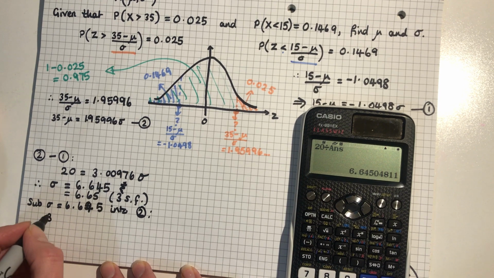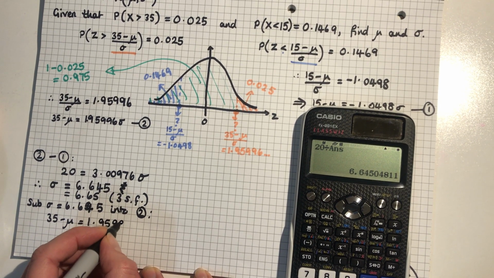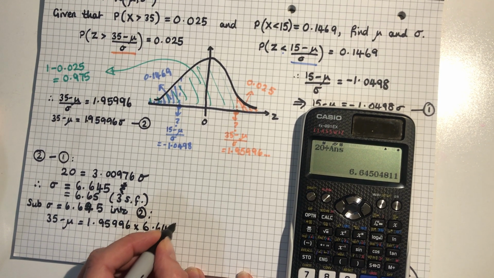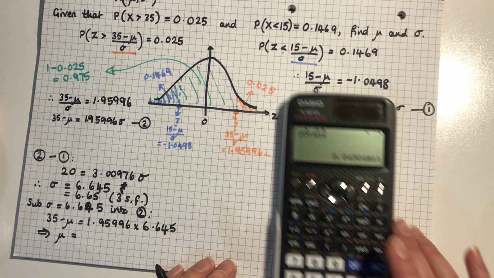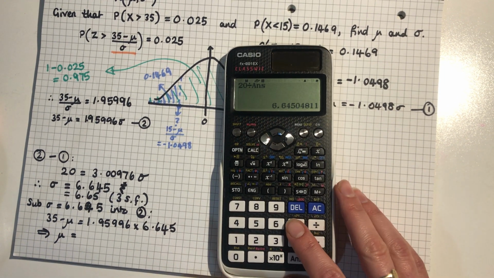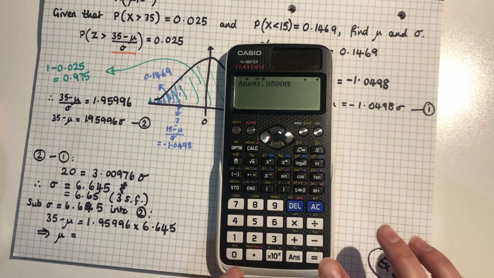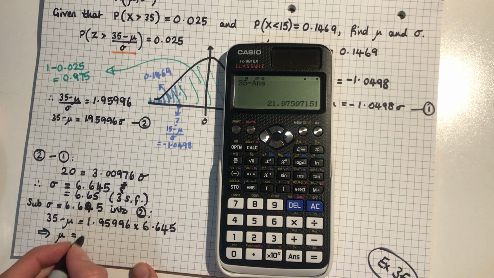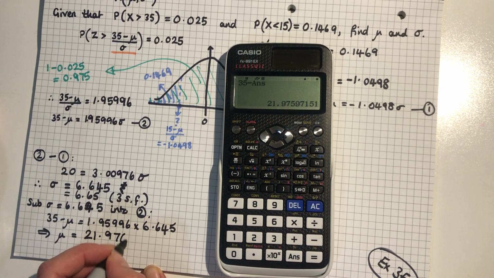So that gives me 35 minus mu equals 1.95996 times my value of sigma. So to find mu, I'm going to take my value of sigma that I've left on the calculator, multiply it by 1.95996, and then subtract that from 35 to get 21.976.